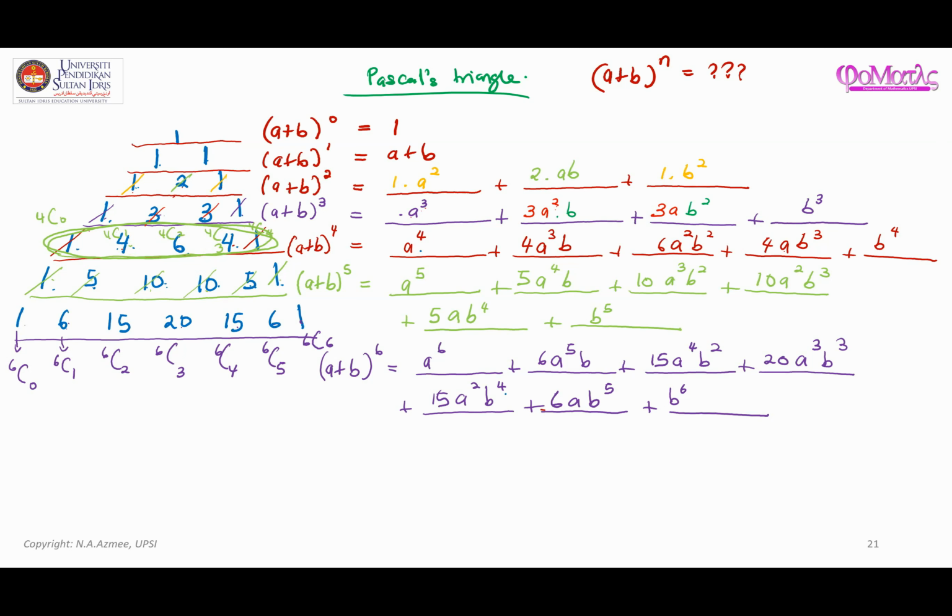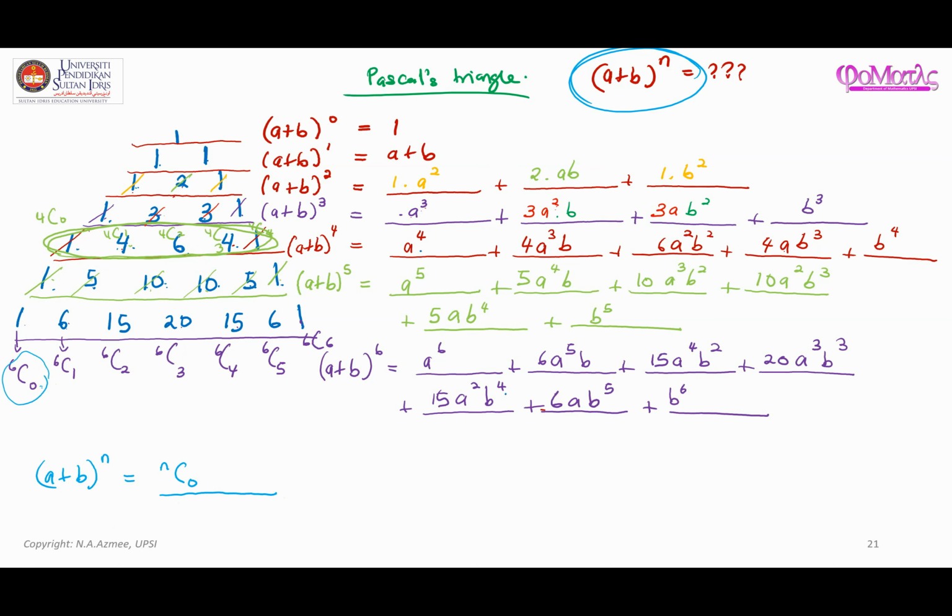Now, if I ask you what would be the formula to find this guy here, a plus b to the power of n. So according to the patterns that we have observed on this part, I'm sure you will agree with me if I say that for the first position here, it's going to be NC0.